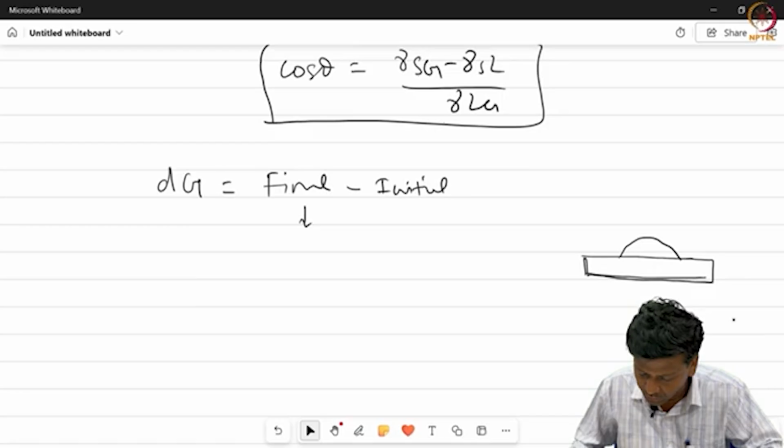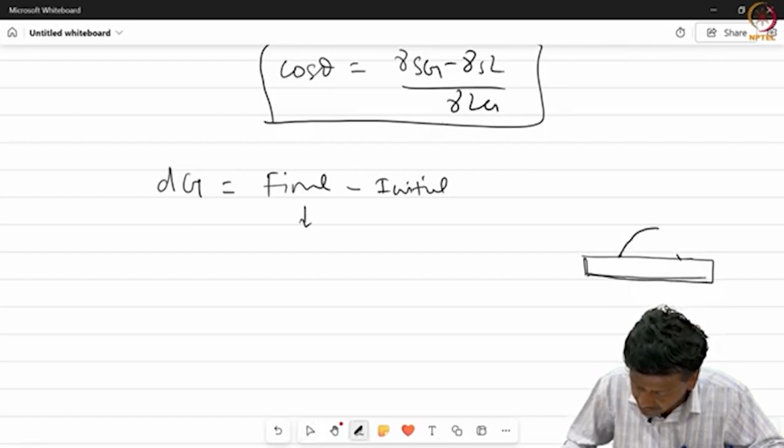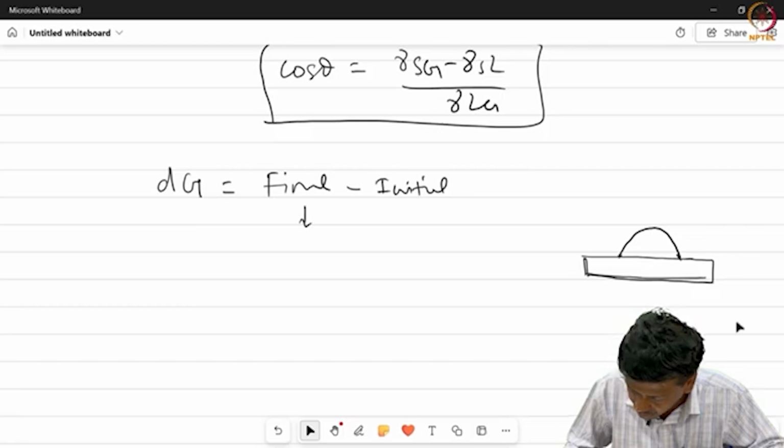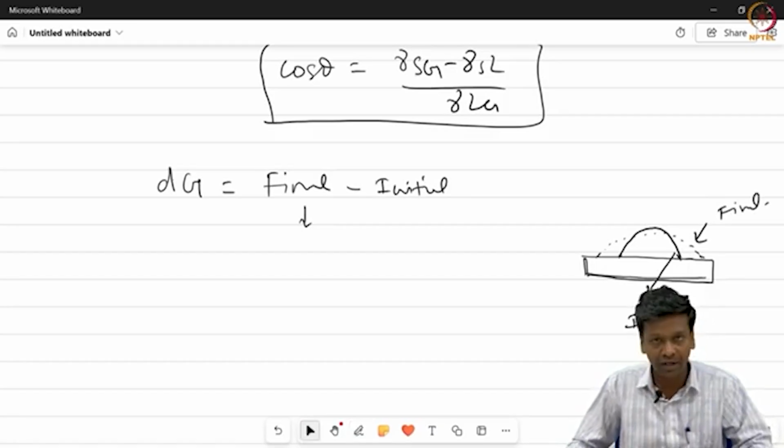So this is what we know. Let's understand what the initial and final configuration will look like. This is the initial, and this part is the final after spreading, after it attains equilibrium.